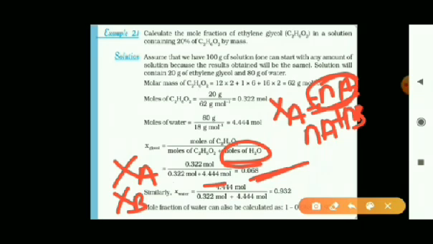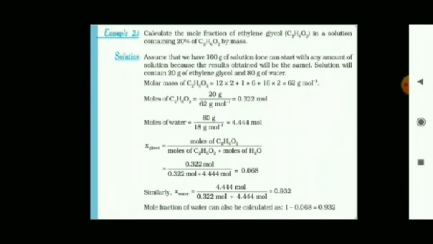Similarly, for XB also you can take in this way. To check your answer, when you do it for water also, you will get the answer 0.932. Now, the mole fraction of water can be calculated to check whether what you have calculated is correct or not.